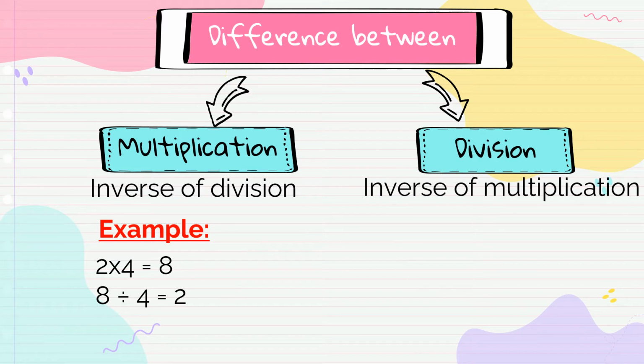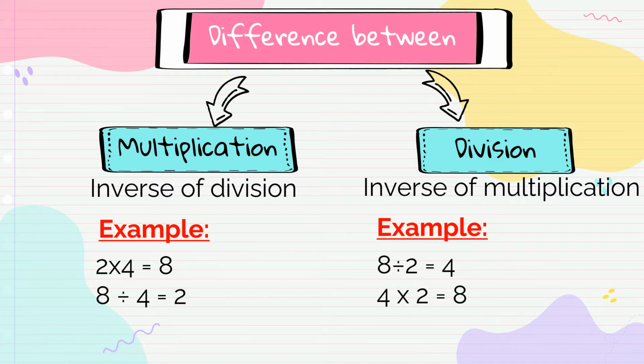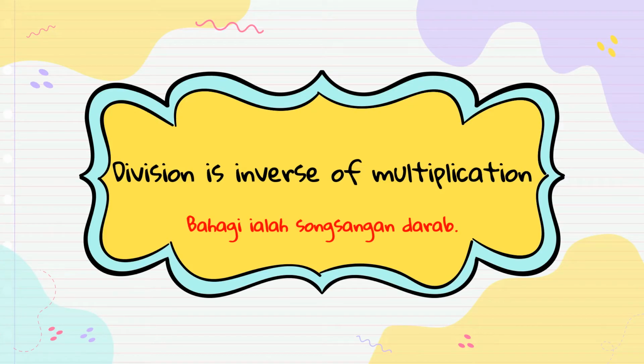Division is inverse of multiplication. For example, 8 divided by 2 is equal to 4. When we inverse it, it becomes 4 times 2 is equal to 8. Division is inverse of multiplication.